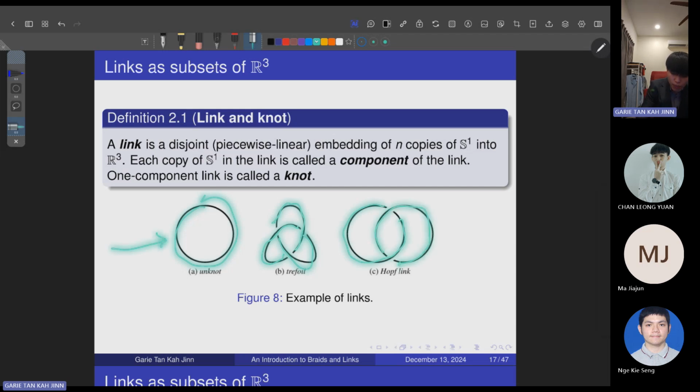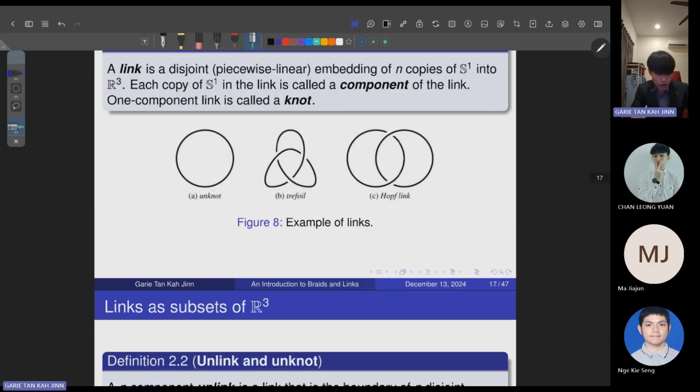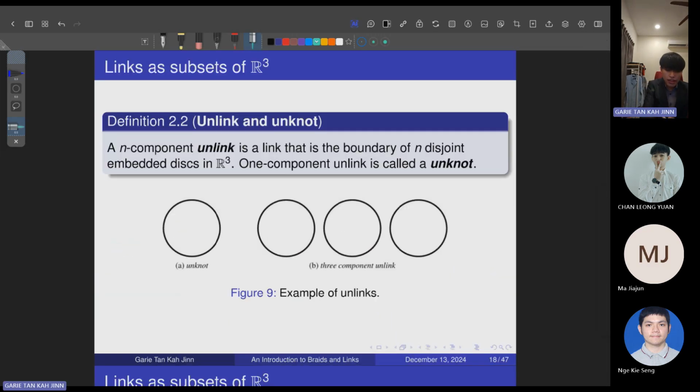When we have only one copy, we call it a knot. As this has two copies, I call it a two component link. If there is an n component unlink, it just means that the boundaries of them are disjoint. So if I want a 4 component unlink, I draw one more.